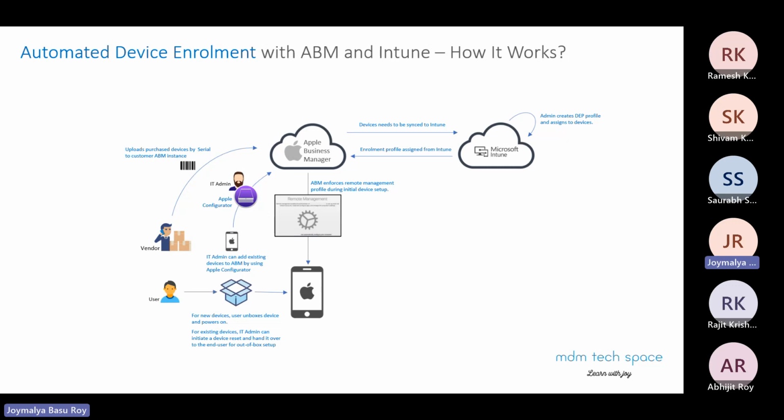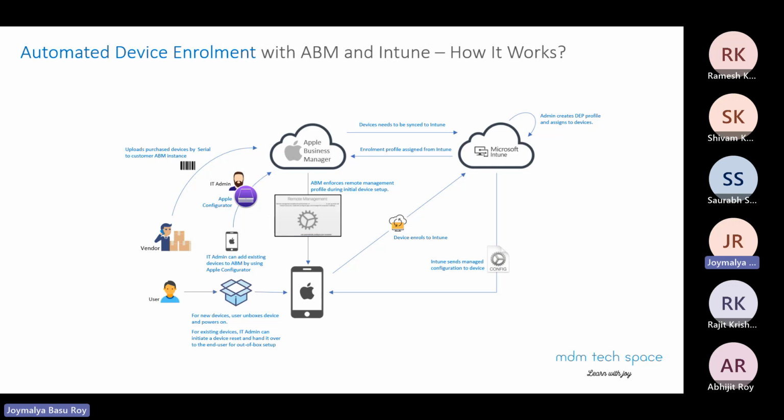So the remote management profile is now not pushed by Intune. It is pushed by Apple Business Manager to enforce it. From there on, the device will enroll to Intune. It will receive the managed configuration of the device, and then it will go through.